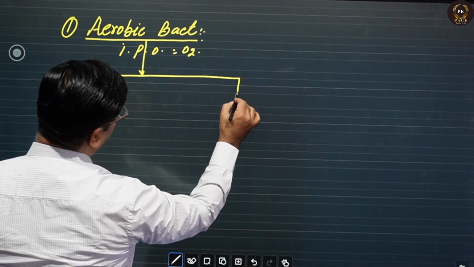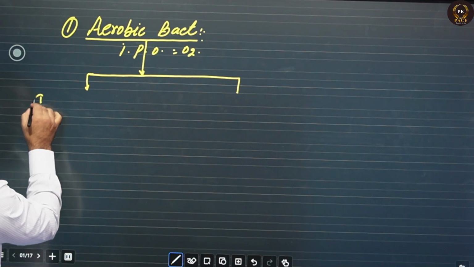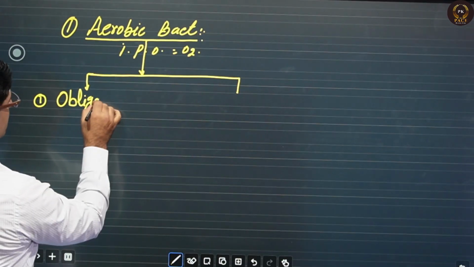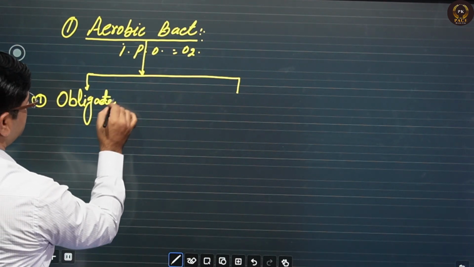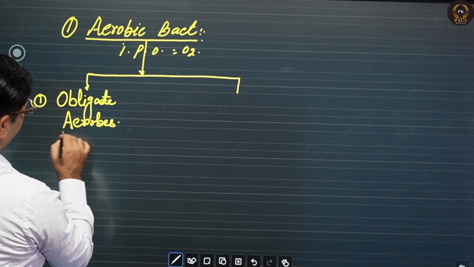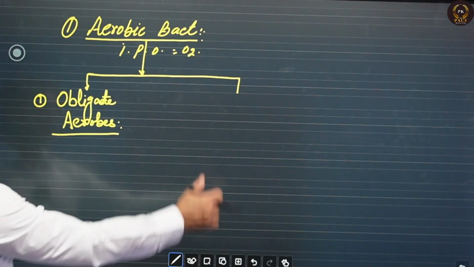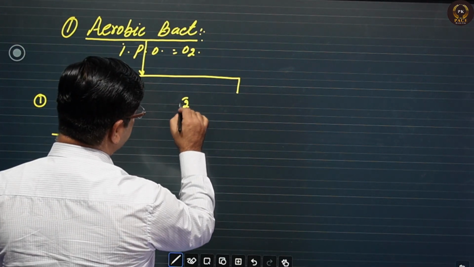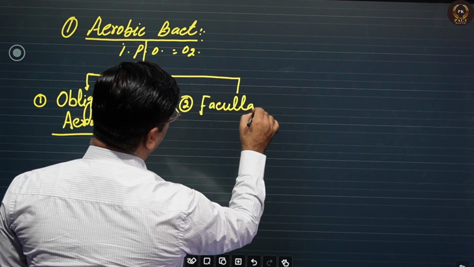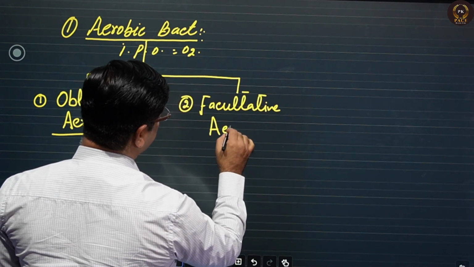One type of aerobic bacteria is known as obligate aerobes, and another category is known as facultative aerobes.